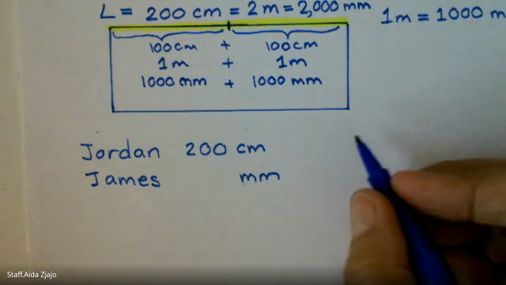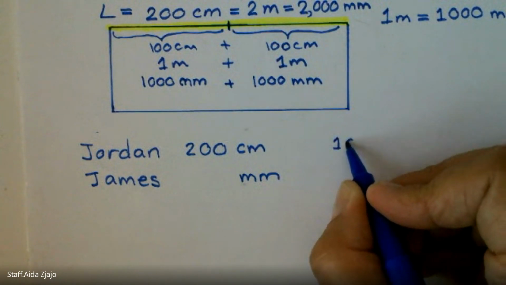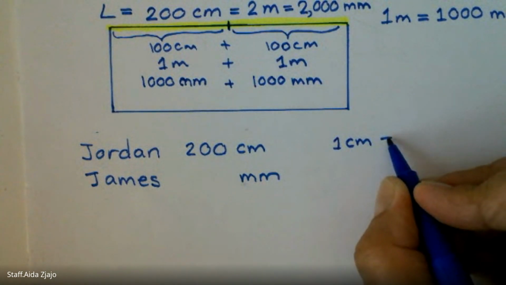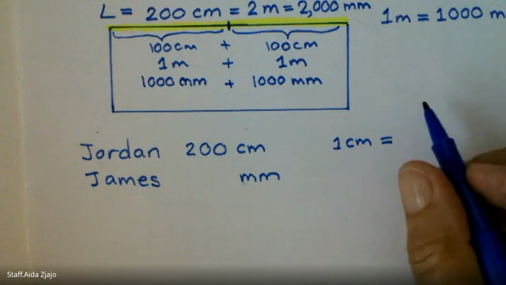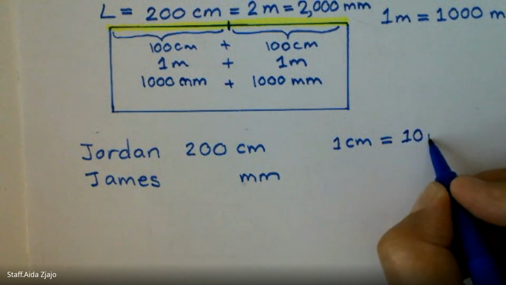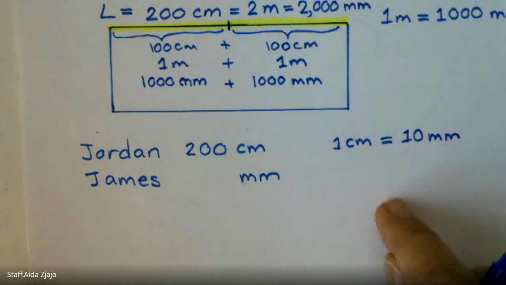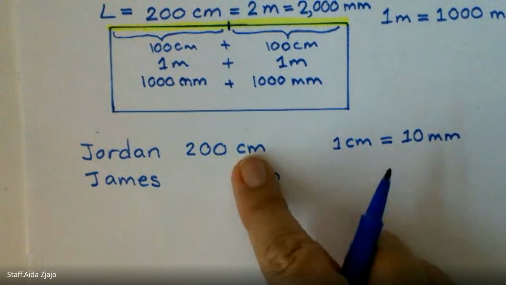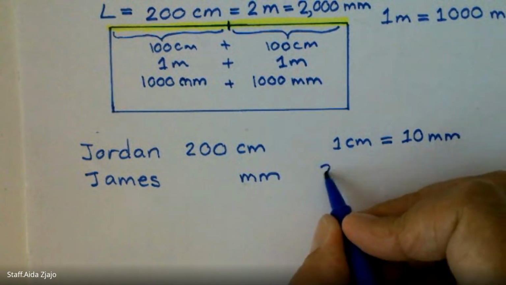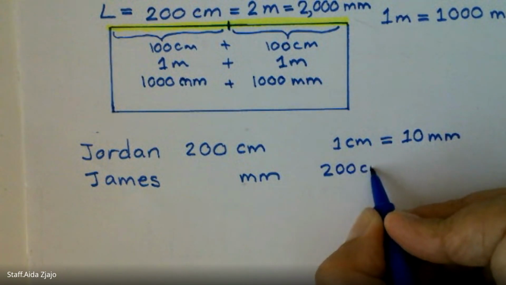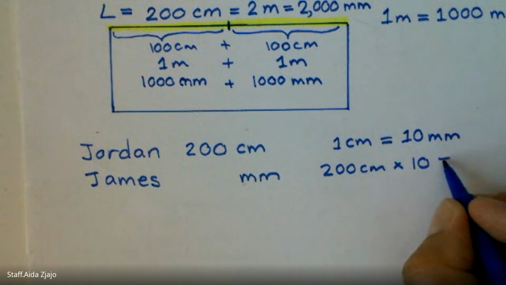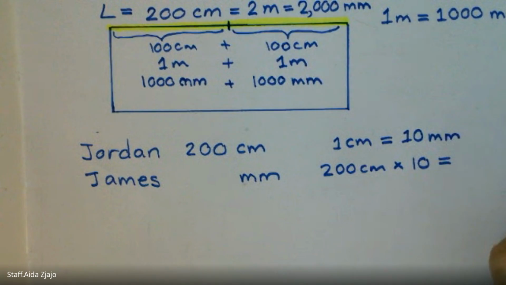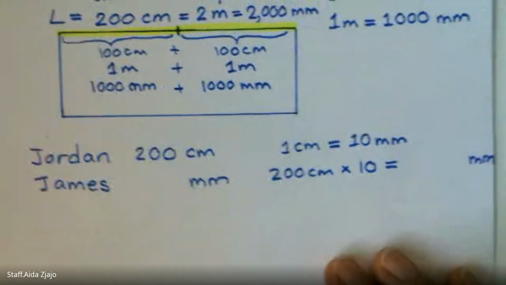We know that 1 centimeter is the same as 10 millimeters. So if I have 200 centimeters, I need to multiply by 10 in order to get how many millimeters I have.